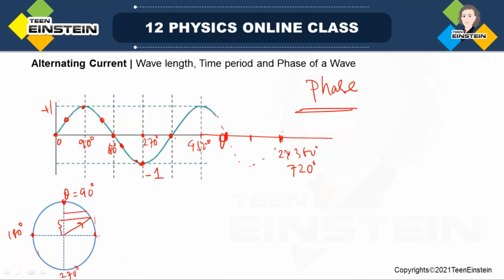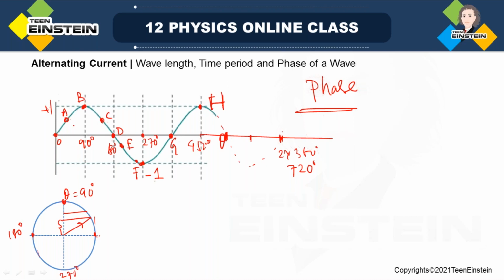Now look here, I'll give certain names. I'll give A, this is B, this is C, this is D, this is E, this is F, suppose this is G, and maybe another point I'll take H here.